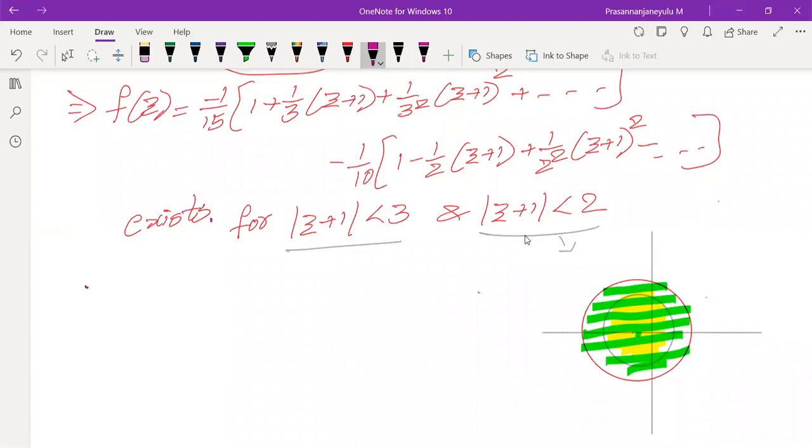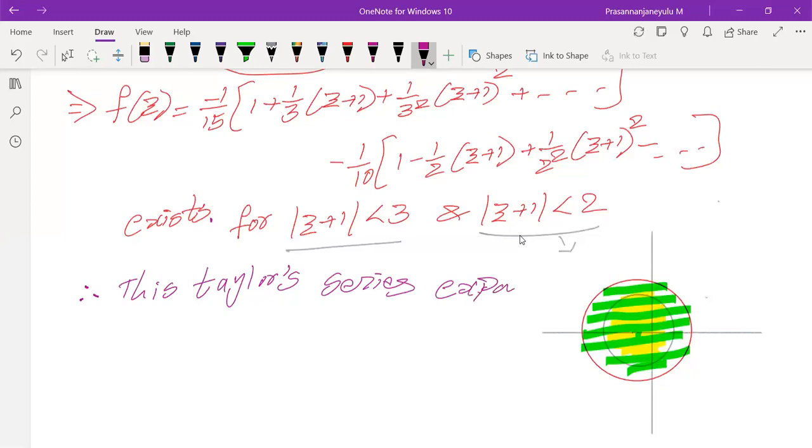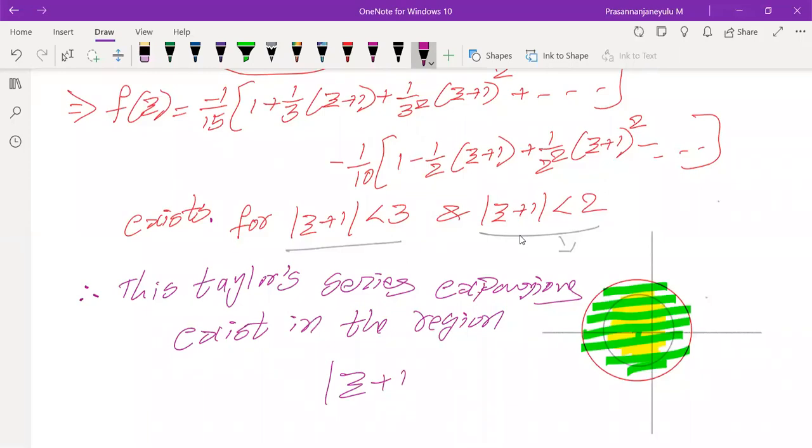Therefore, this Taylor series expansion exists in the region modulus of z plus 1 is less than 2.